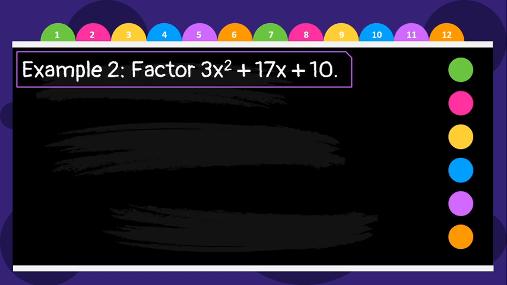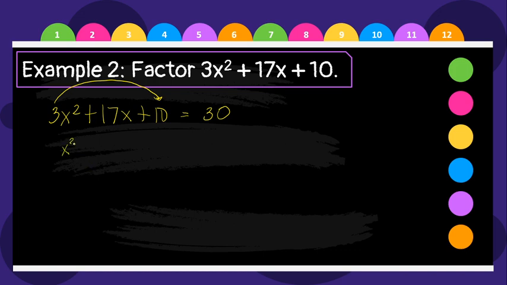Let's have another example. We have 3x squared plus 17x plus 10. This one is quite easy because the signs are both positive. Again, we rewrite 3x squared plus 17x plus 10. I'm going to slide 3 over to 10, and 3 times 10 is 30.